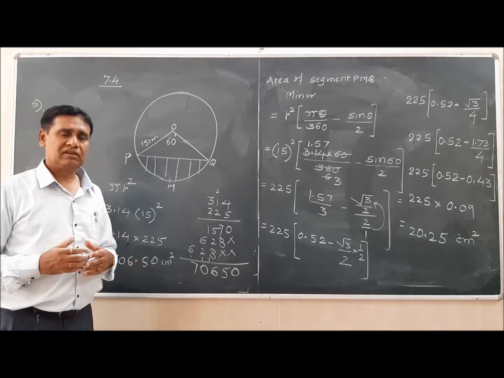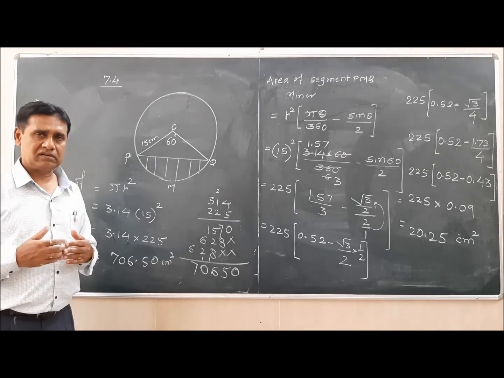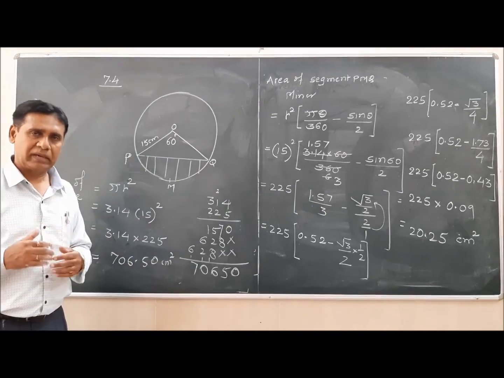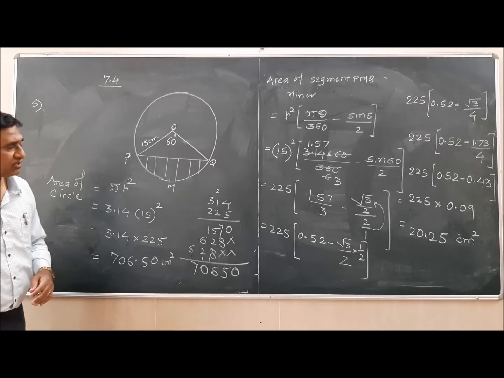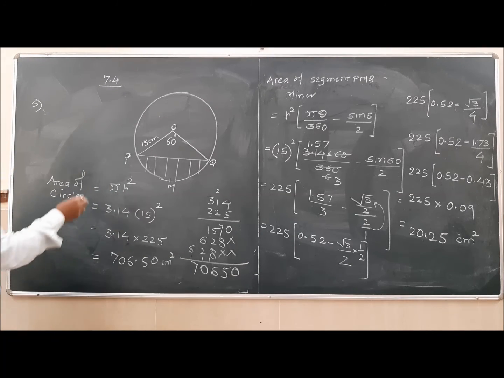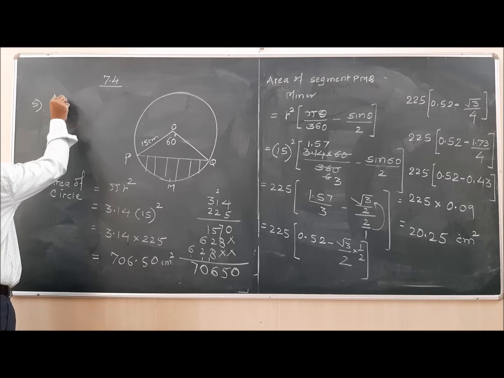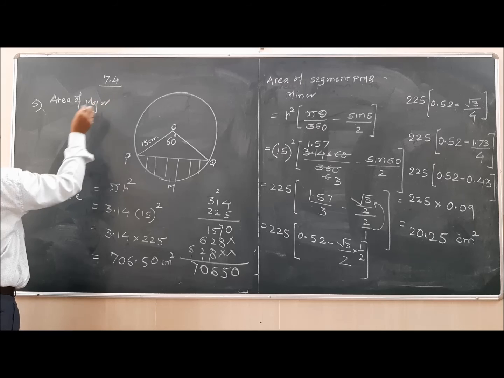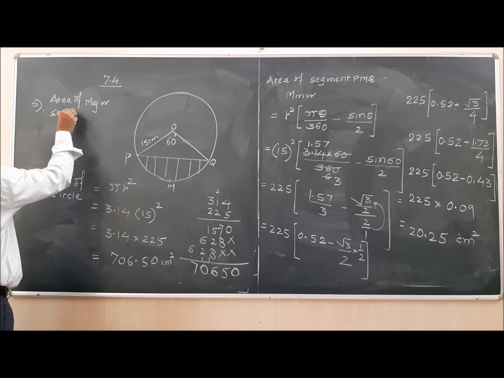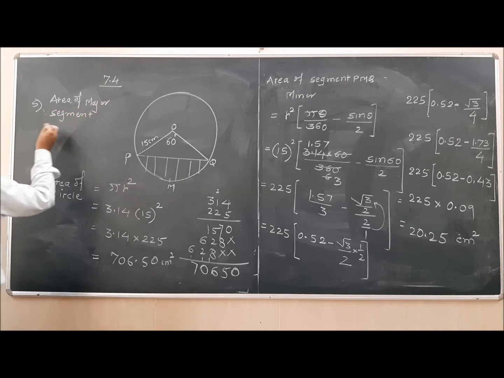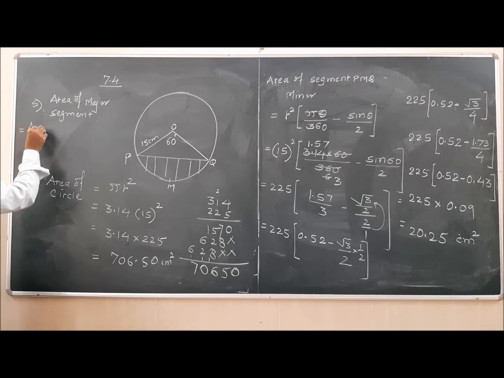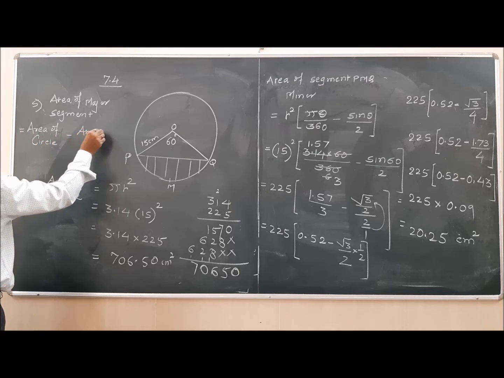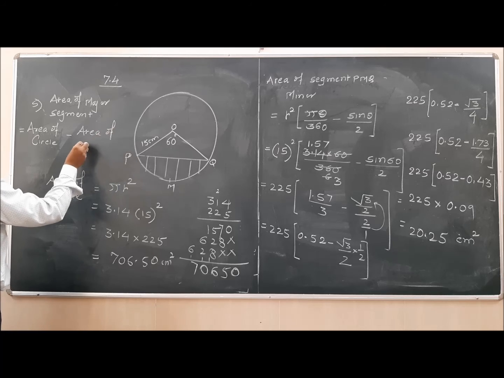This question asks us to find the area of both the major and minor segments. So the next step is to find the area of the major segment, which is equal to the area of the circle minus the area of the minor segment.